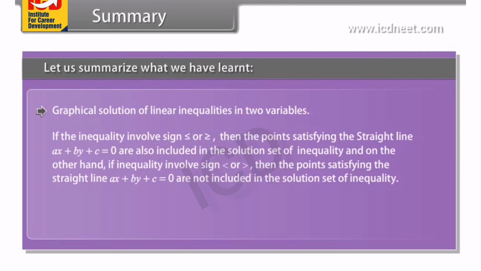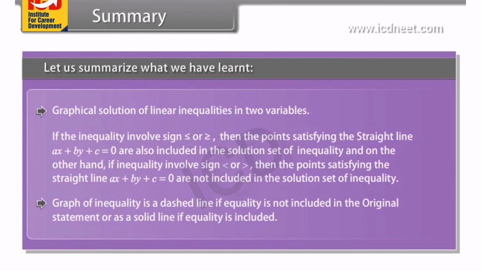On the other hand, if the inequality involves the sign less than or greater than, then the points satisfying the straight line ax plus by plus c is equal to 0 are not included in the solution set. The graph of an inequality is a dashed line if equality is not included in the original statement, or a solid line if equality is included.